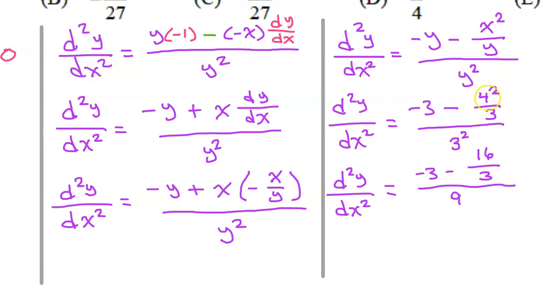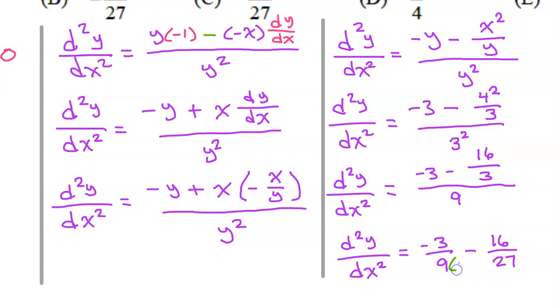So far, I squared the 4 and got 16. I squared the 3 and got 9. On the next step, I will divide both of these terms by 9. For the fraction, if I divide by 9, that means the 9 goes in the denominator. So the denominator will be 27. So I have this, but I need like denominators.